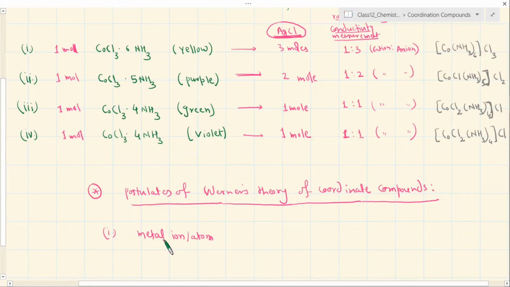Both are possible in different compounds. So a metal atom or ion in a coordinate compound carries 2 types of valences.